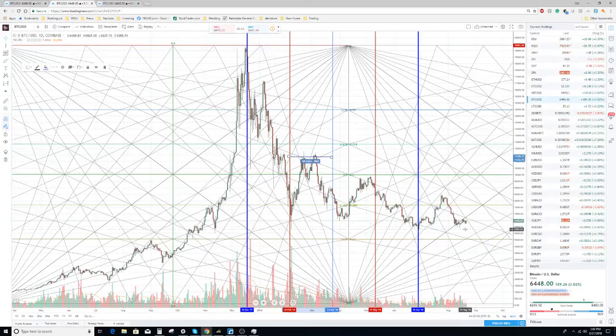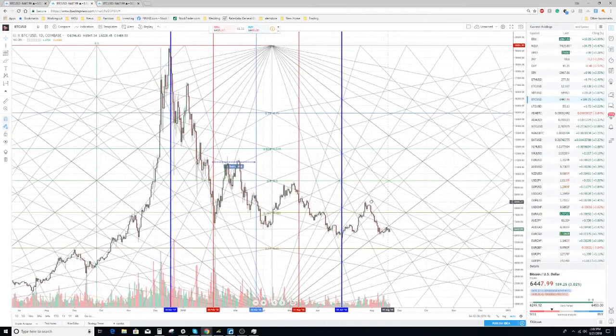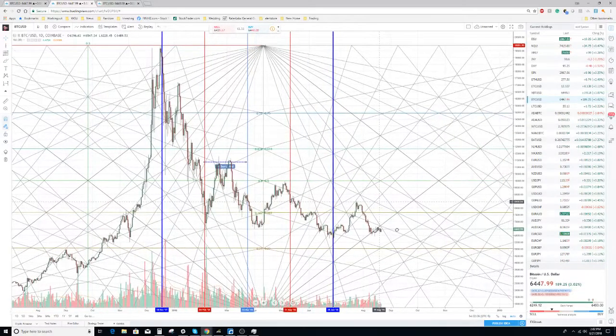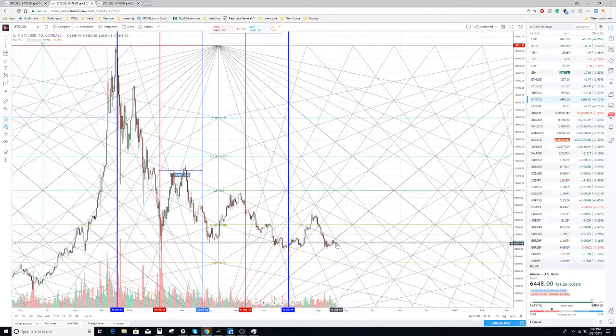So as we're looking at this new square we drew, we can see that we are trading below this 45, and we haven't had a responsive selling. How many days are we into this? I need to go to 48 days.